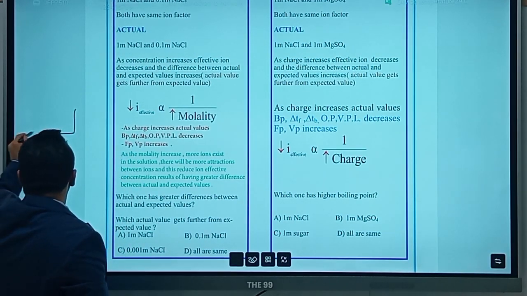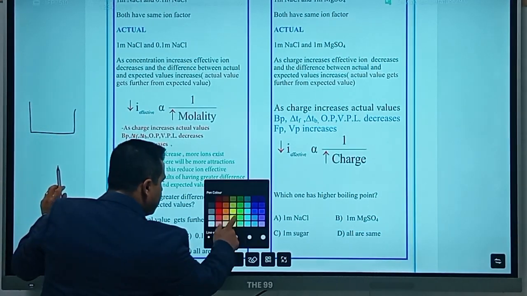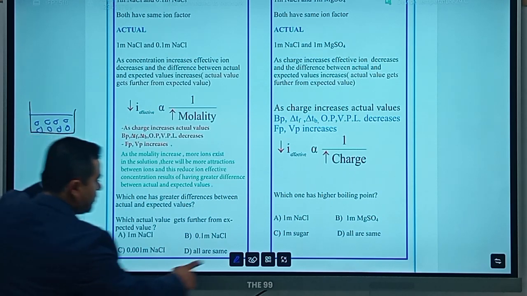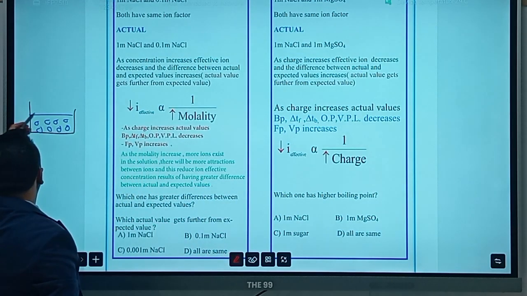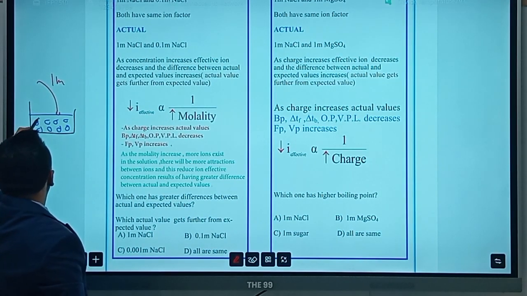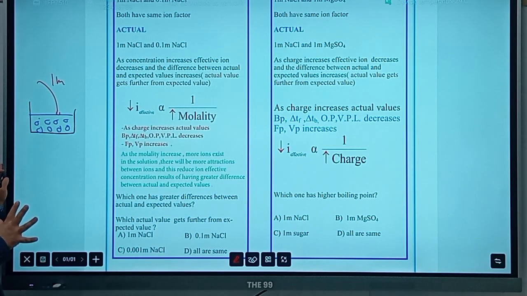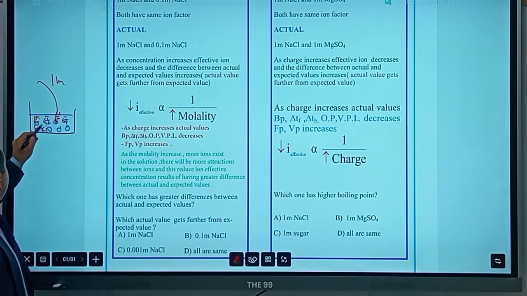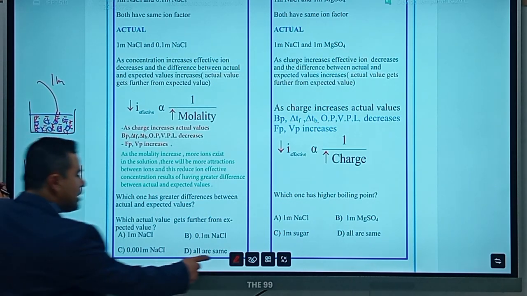Guys, as we increase the concentration, for example, each 1 molar will produce, suppose, 5 dissociated ions. K positive, Cl negative: 1, 2, 3, 4, 5. How about another container that has 2 molar?